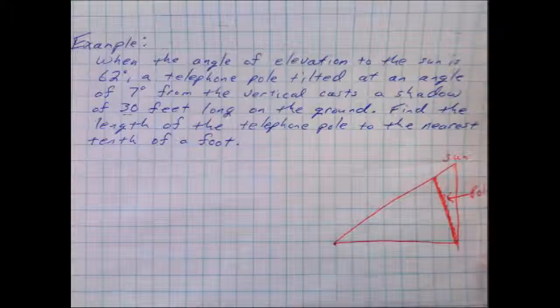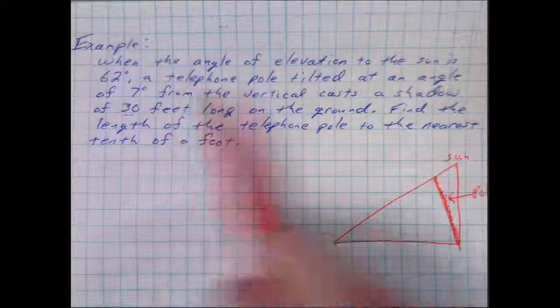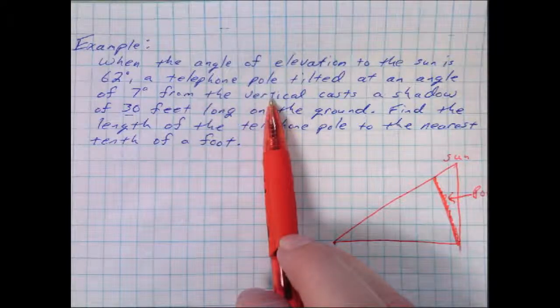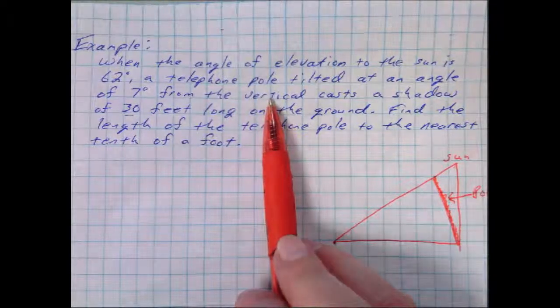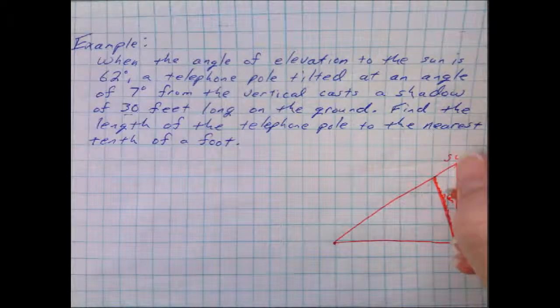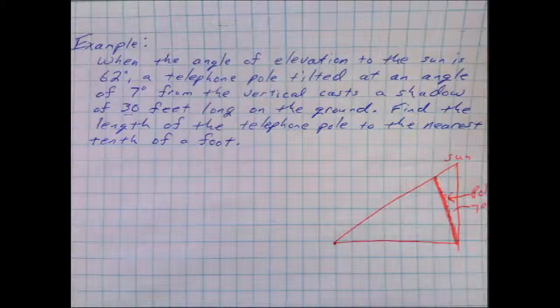This is our pole, and it's leaning at an angle of 7 degrees. It says a telephone pole tilted at an angle of 7 degrees from the vertical. So that is here, 7 degrees. And then we want to find the telephone pole's length. So that's the piece we're looking for.